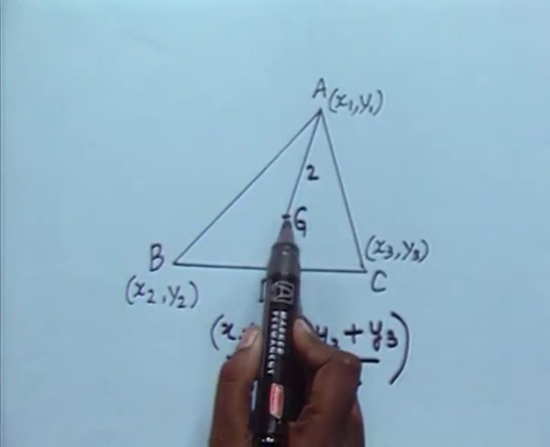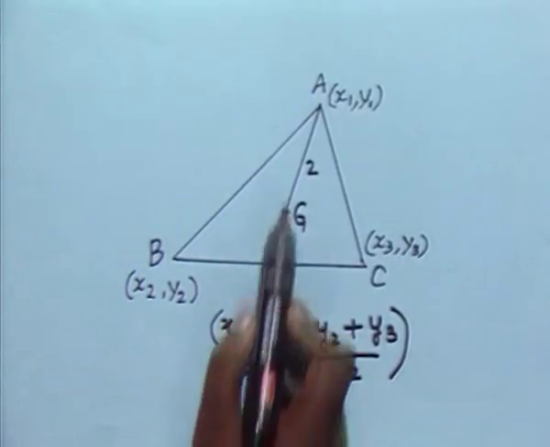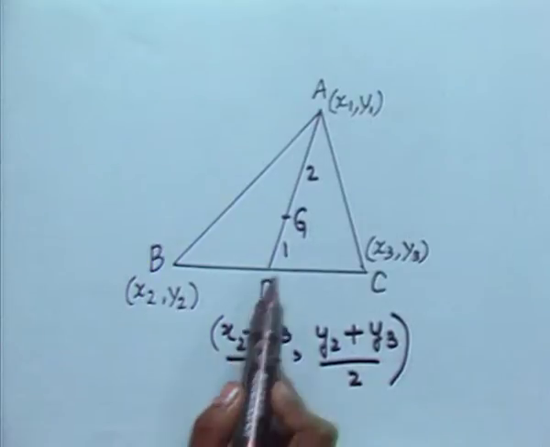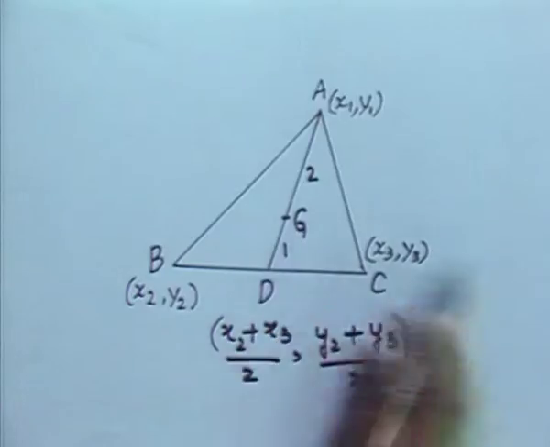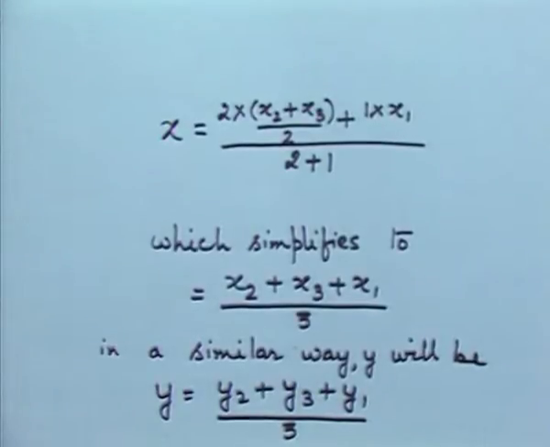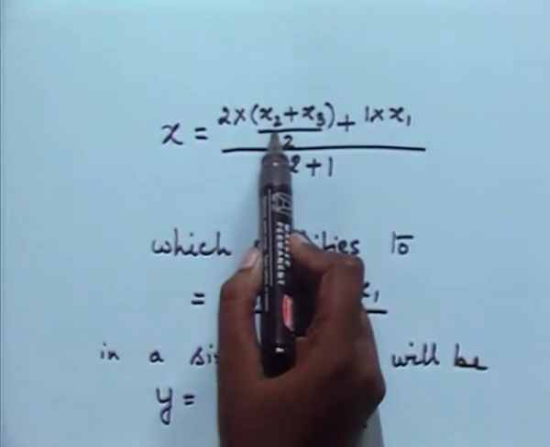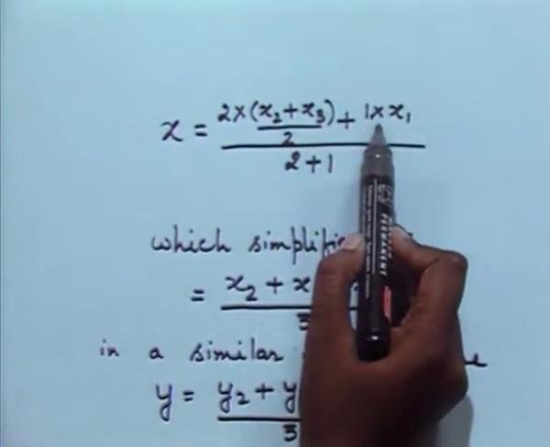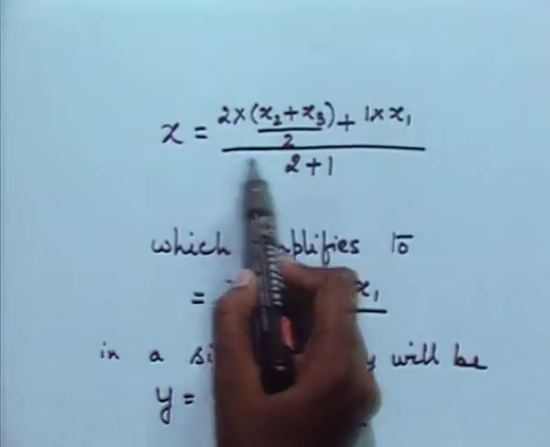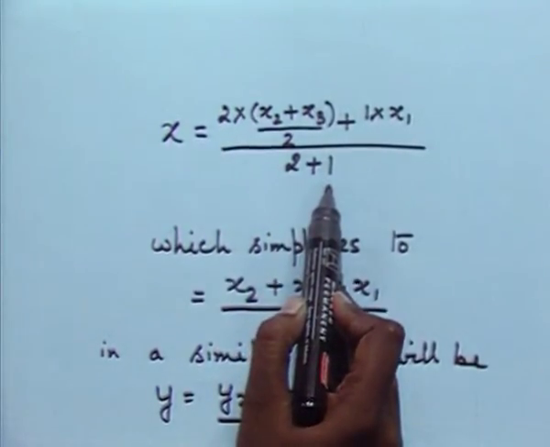Now, let G be a point on this median AD such that it divides the segment AD in the ratio 2:1. Then, by using the ratio formula, we can find the coordinates of G as x equal to (2 times (x2 + x3)/2 plus 1 times x1) divided by the sum of the ratios, that is 2 plus 1, which is 3.